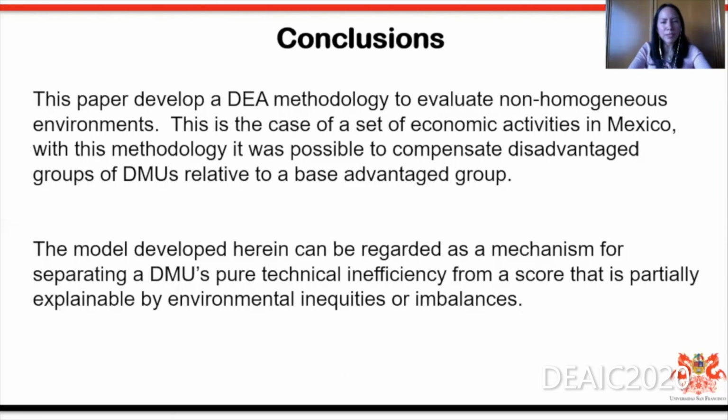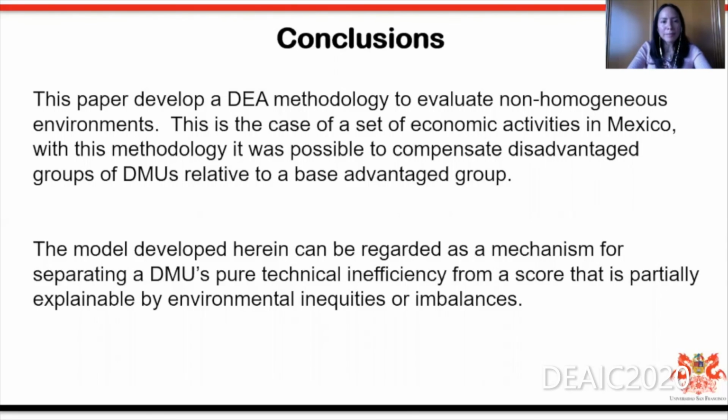Here, we look specifically at a set of economic activities in Mexico and observe that when activities are grouped into industry codes, vastly different average efficiency scores arise, while there is no convenient single-dimensional explanation for such large discrepancies. It is clear that the usual homogeneity that characterizes most DEA applications is not present in this very heterogeneous environment. This observation has prompted the development of a new DEA methodology that attempts to compensate the disadvantaged group of DMUs relative to a base advantaged group.